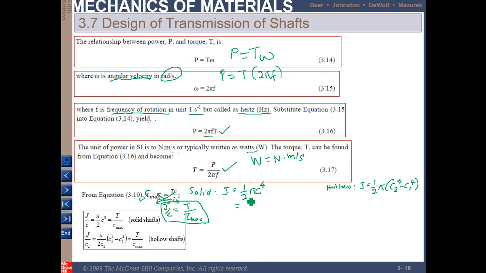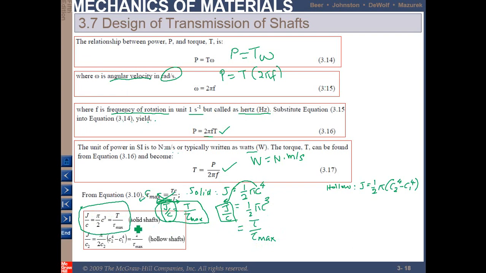For this one, if you bring C to the bottom, you will get J over C is equal to 1 over 2 pi C to the power of 3. So this J over C is actually the same as this. So this J over C is equal to 1 over 2 pi C to the power of 3, or is equal to T over shear max. So that's why you get this.